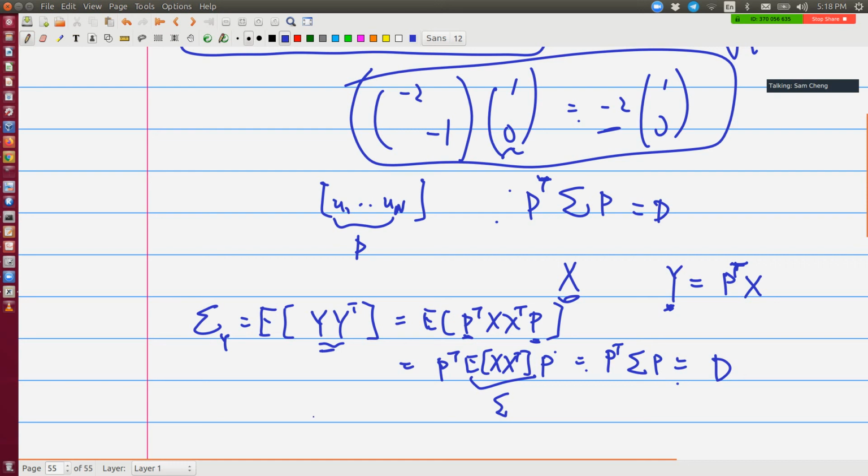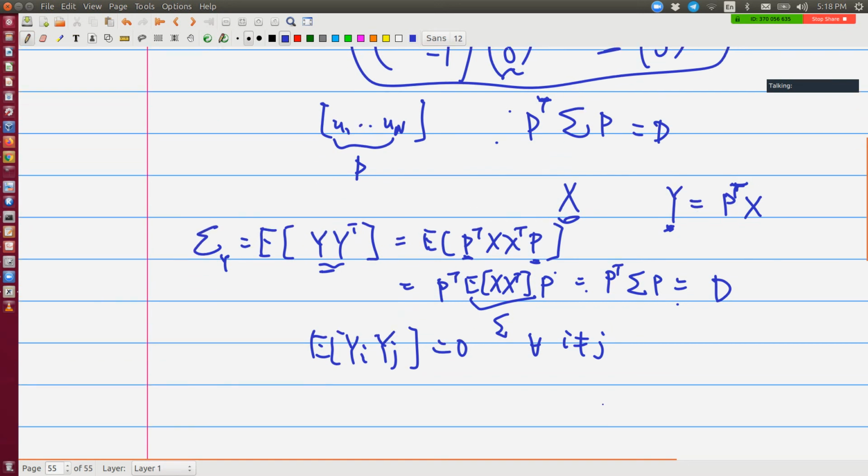So I basically have the expectation of yi yj equal to 0 for any i not equal to j. Of course, I have 0 mean, as we mentioned in the past.